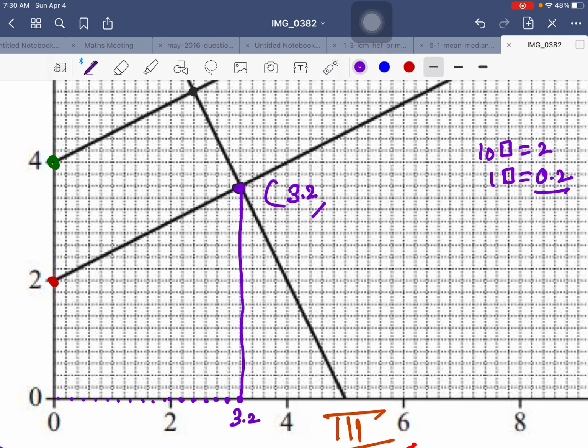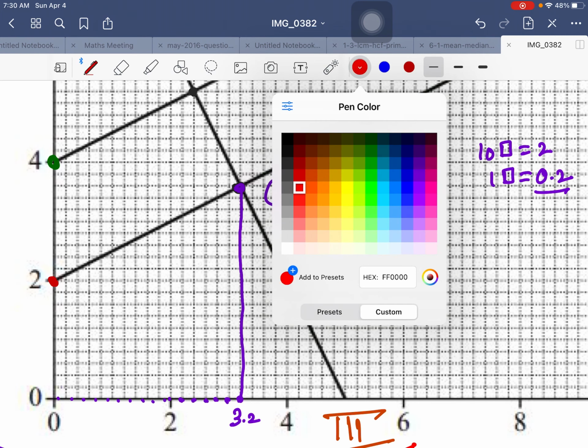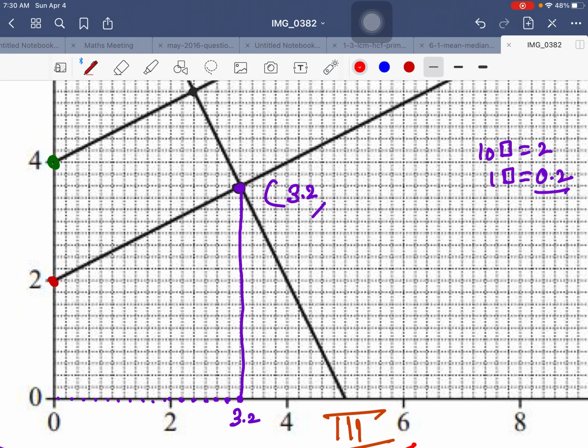comma. Now let's look for the y value. I will project this point on the y-axis, move slow, stop here. On the y-axis, the scale is the same. We have 10 boxes equal to 2. So one box is equal to 0.2. Now count here.